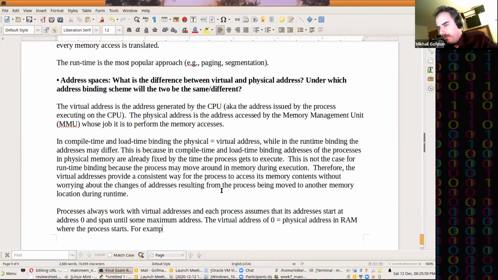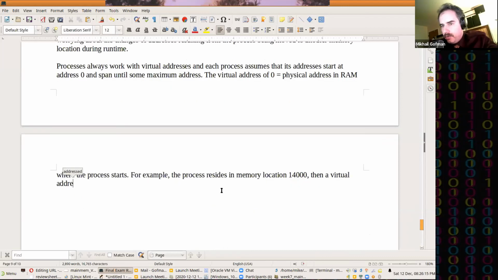For example, if the process resides in memory location, say 14,000, then a virtual address 0 equals the physical address of basically 14,000.